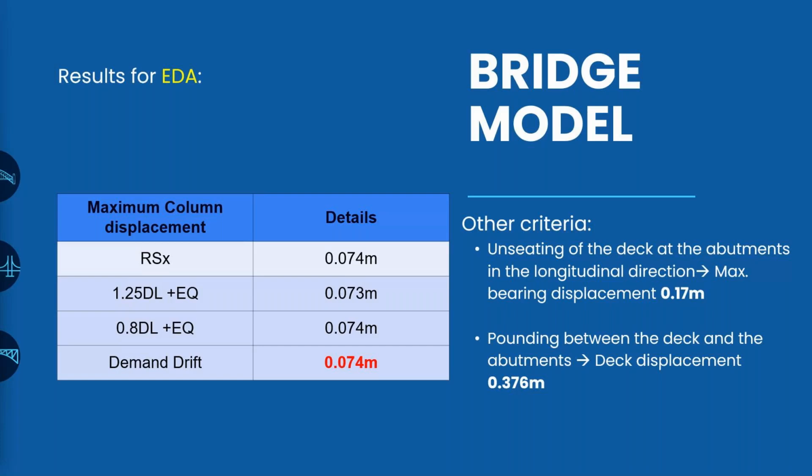If you have to get the drift, we actually need to divide it by the height of the total column, but this is basically the relative deformation that we got. So this is nothing but the demand that we have got from the response spectrum analysis. Now it is time for us to compute the capacity and check the demand and capacity ratio for this particular structure.